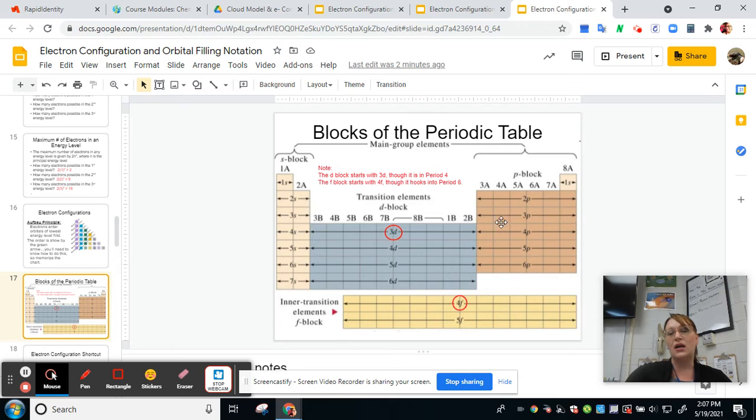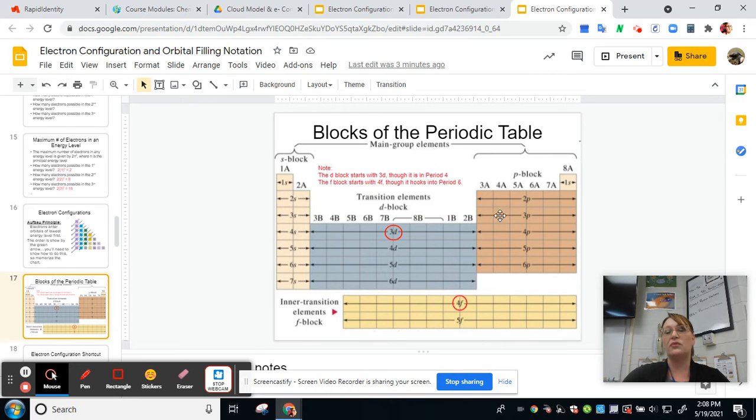Okay, the P block over here is going to be all of your boron family, carbon family, nitrogen family, oxygen family, and so on. So let's say you have the element sulfur. Sulfur is right here, and it's in the 3p row. It's in the P block, and it's in the third row, so it's in the third period. So the principal quantum number is 3. It's in block P, and if I count over from the left, this would be 3p with 1 electron.